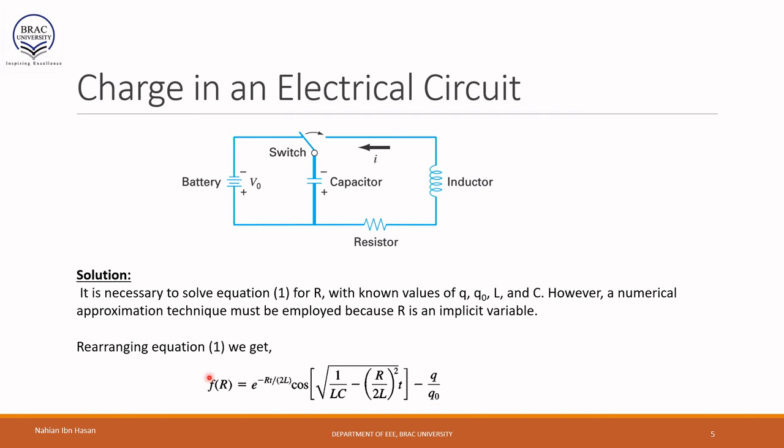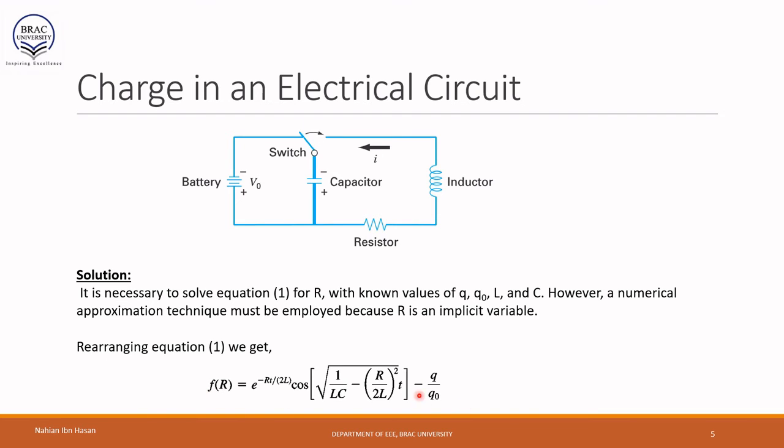How are we going to do that? In the equation, if you remember, on the left hand side we had the charge Q of t, a time dependent parameter, and on the right hand side we had Q naught multiplied by an exponential term. To find a solution, we are given that the dissipated charge is 1% of its initial value, that means Q divided by Q naught is 0.01.